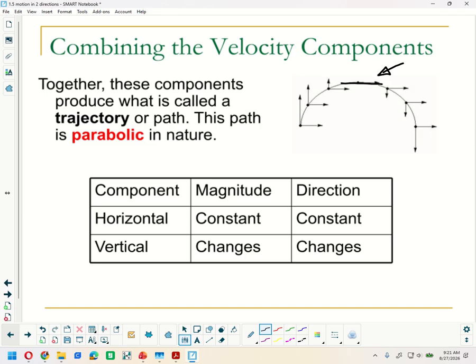That is going to be a change in velocity.